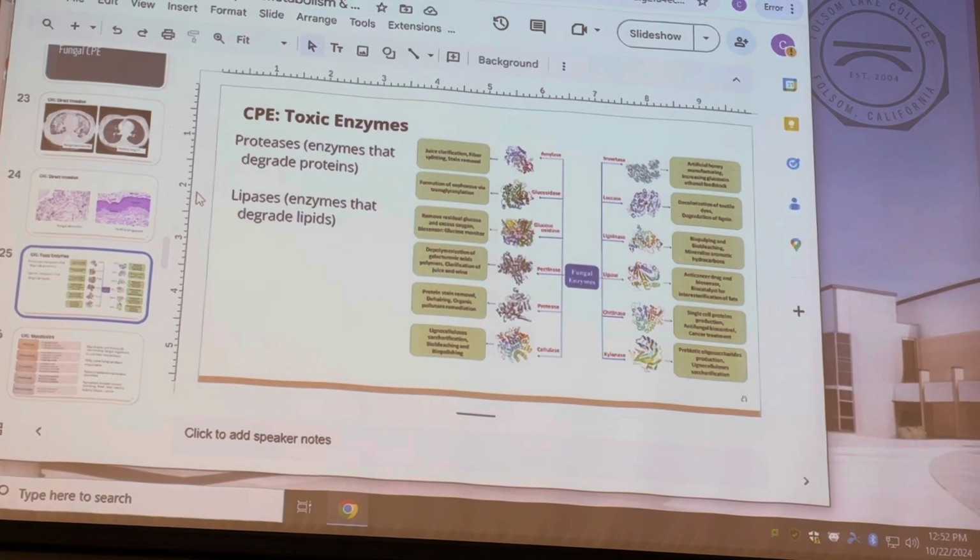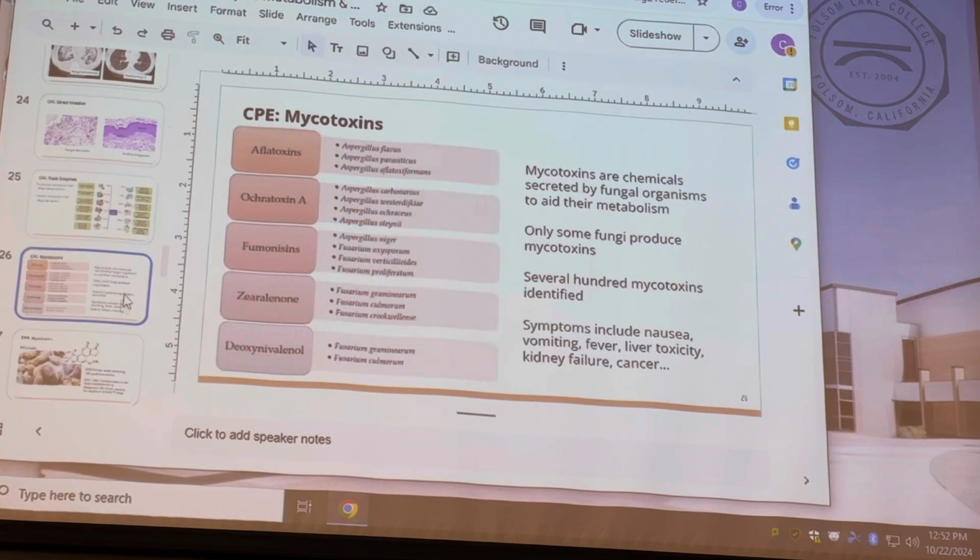The toxic enzymes are one of the cytopathic effects. They're not really considered mycotoxins because mycotoxins are extremely potent. Even if you treat your patient with an antifungal, they have a mycotoxin problem. That's a whole other beast. A lot of times they'll do a chelator, like giving them charcoal so that it will chelate the toxin.